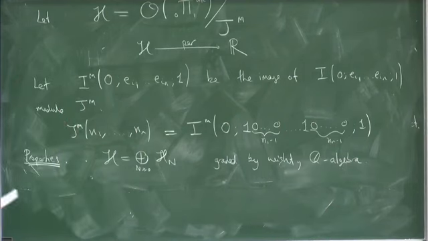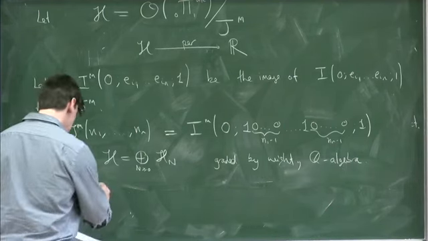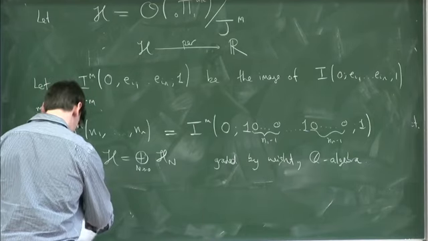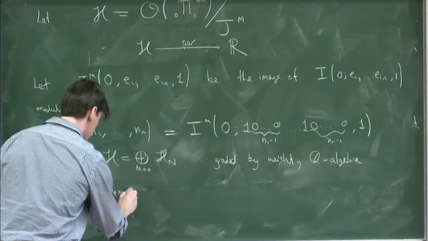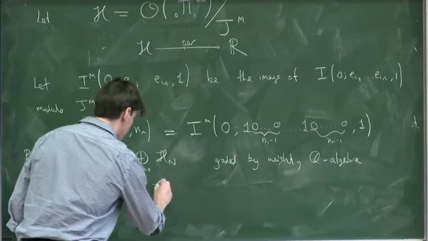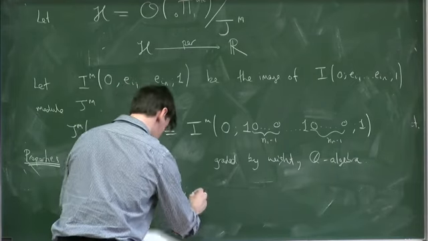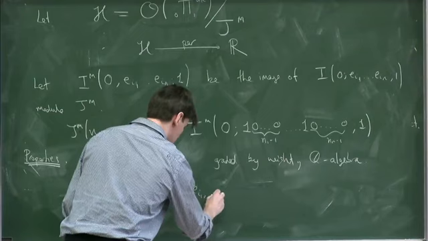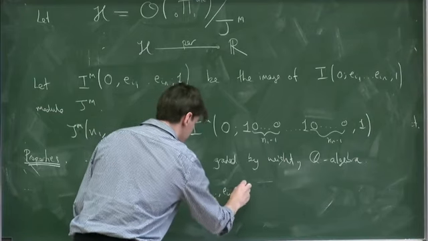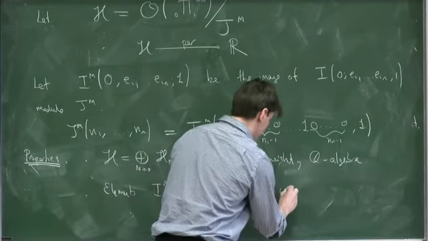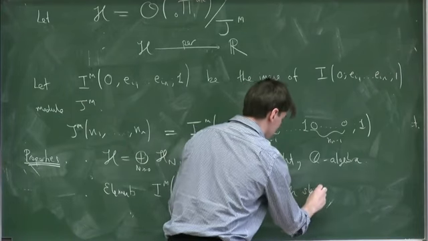The multiplication is the shuffle multiplication, again by definition. So let me say that again. The elements of this algebra are spanned by the symbols I^m(a0; a1, ..., an; a_{n+1}), and they're equipped with the shuffle products, as always.